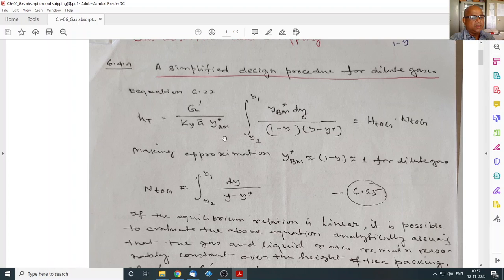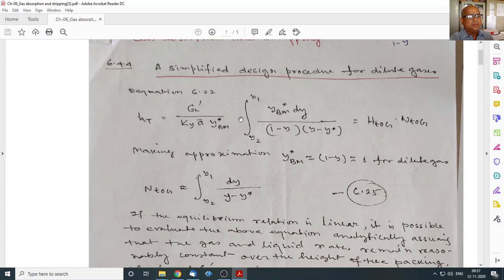where this part is the height of a single transfer unit based on overall gas phase driving force. Okay, so capital KY, and this was the number of transfer units based on overall gas phase driving force.